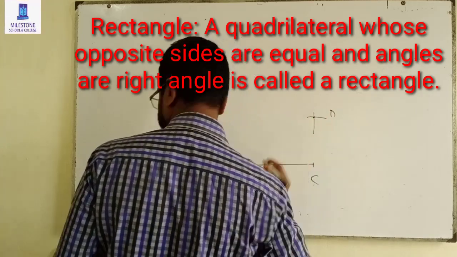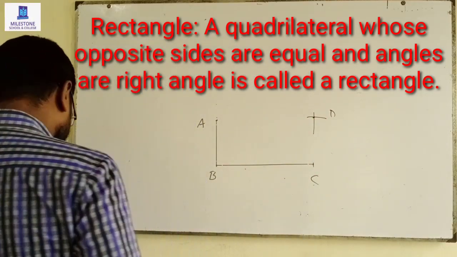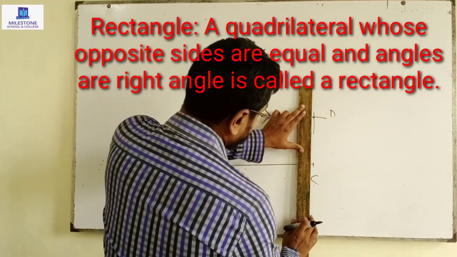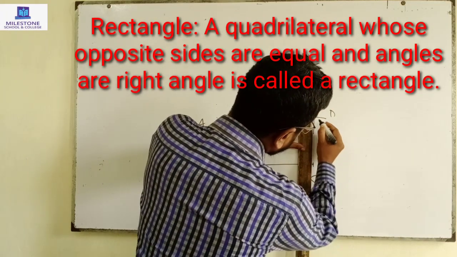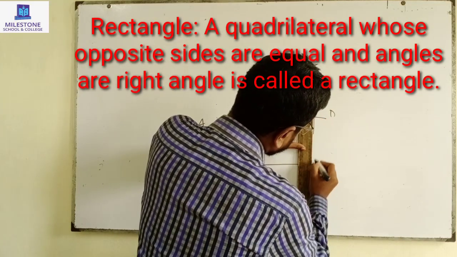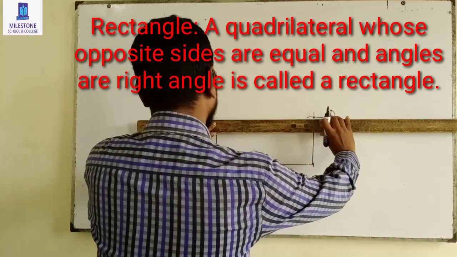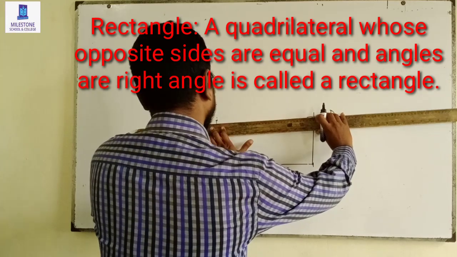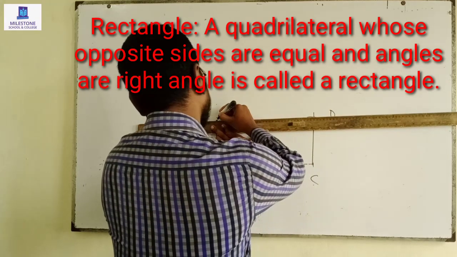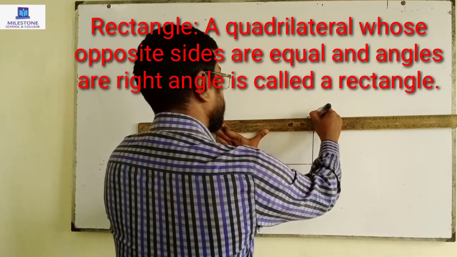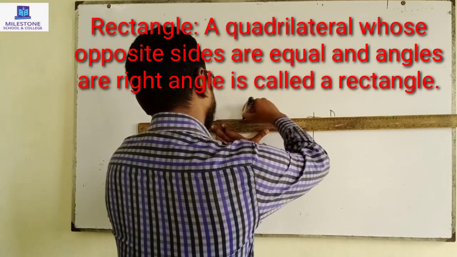Now we will add this point D and C. Then we will draw another line here. We will add A and D. What will be here?